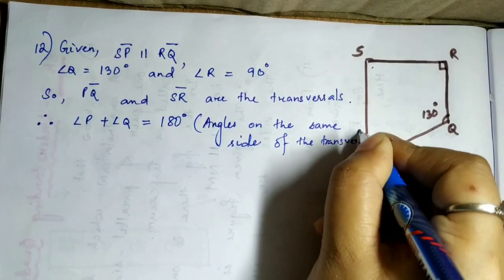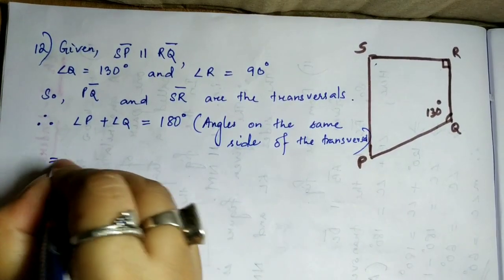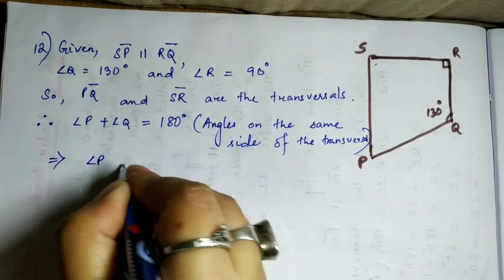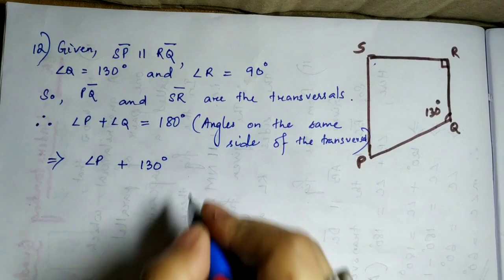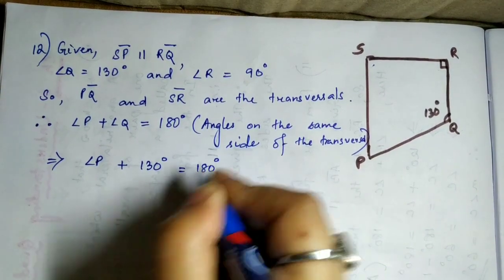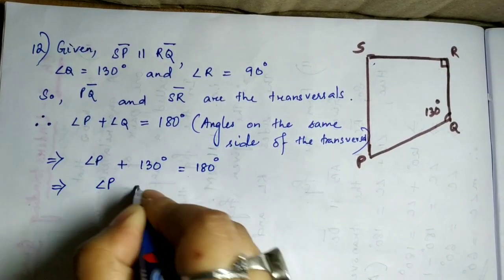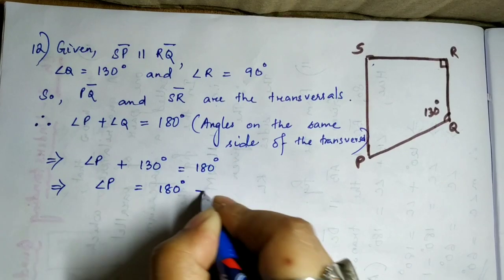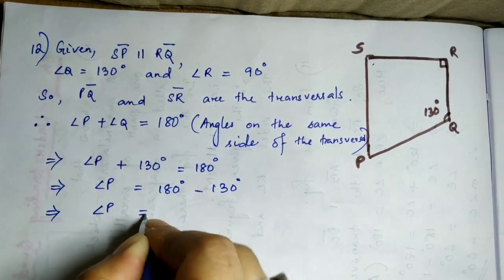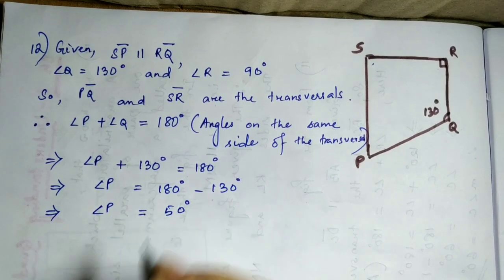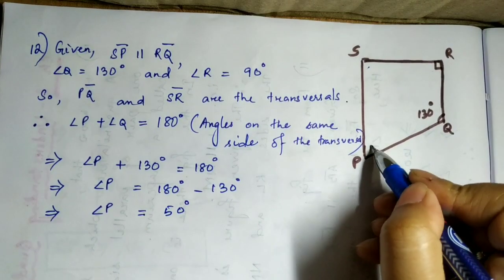Okay, this implies, what is P? We don't know P. What is Q? It is equal to 130 degrees, right? The sum is 180 degrees. Let's solve this. Angle P is equal to 180 degrees minus 130 degrees. This implies angle P is equal to 50 degrees. So I found one.